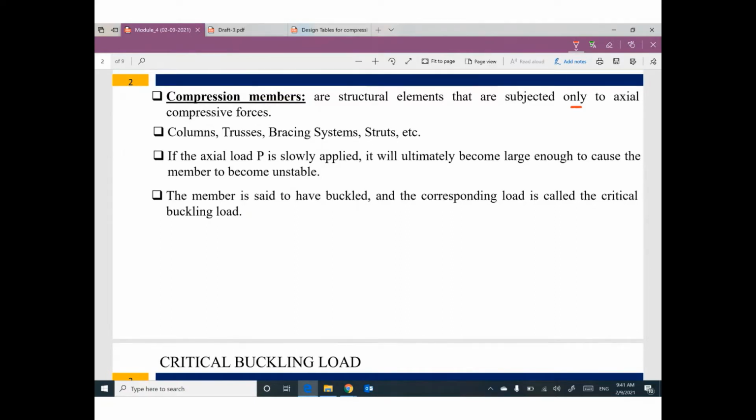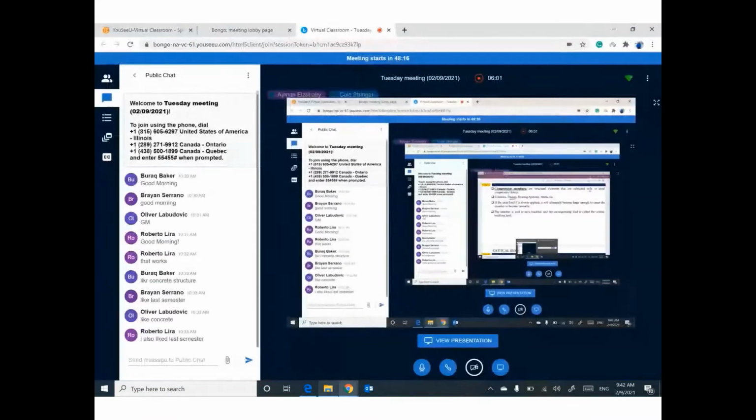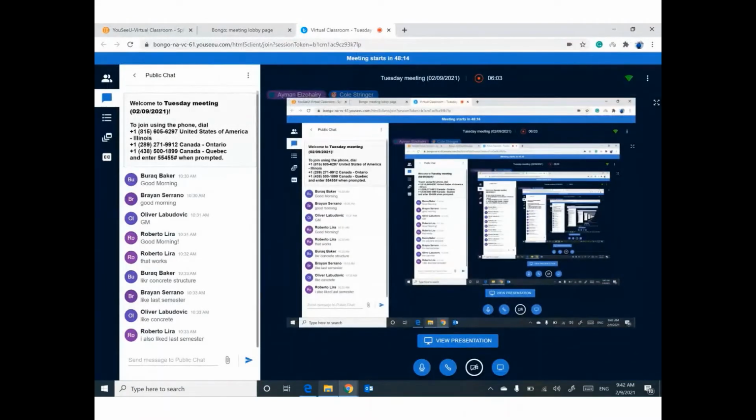We can find compression members everywhere. But in this part of the course, we are talking about compression members in truss. Okay?